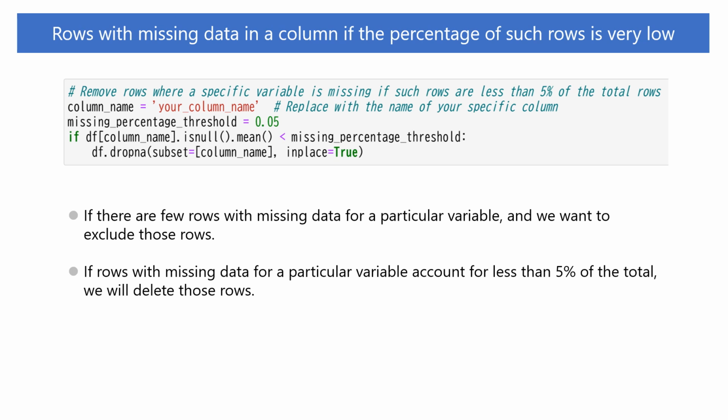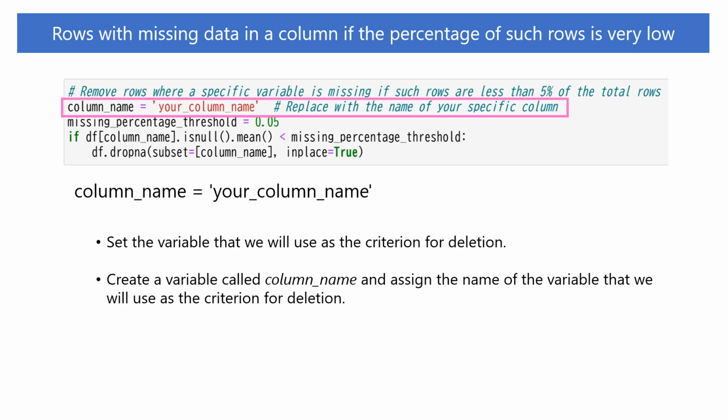If rows with missing data for a particular variable account for less than 5% of the total, we will delete those rows.